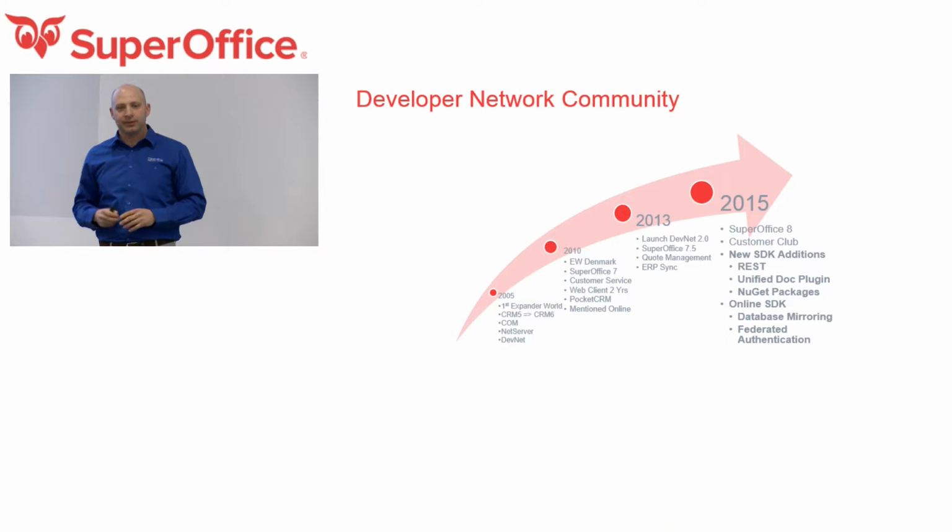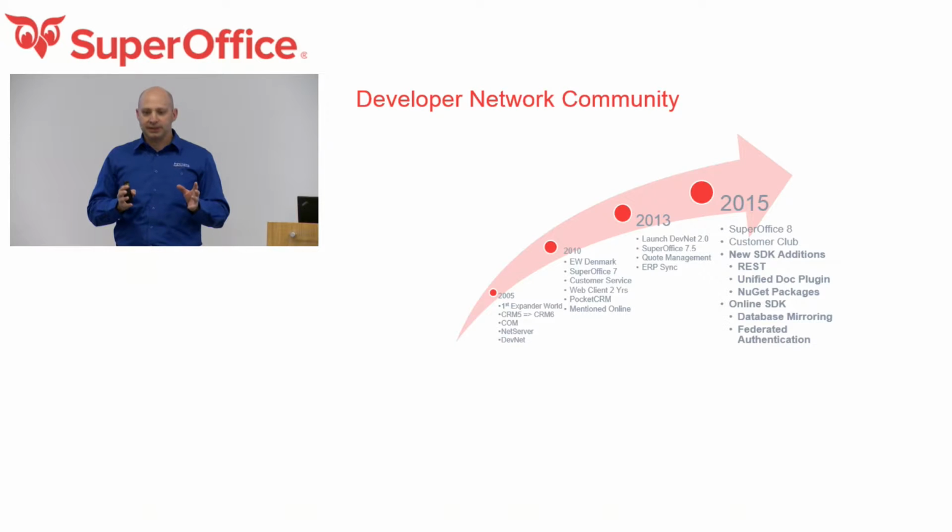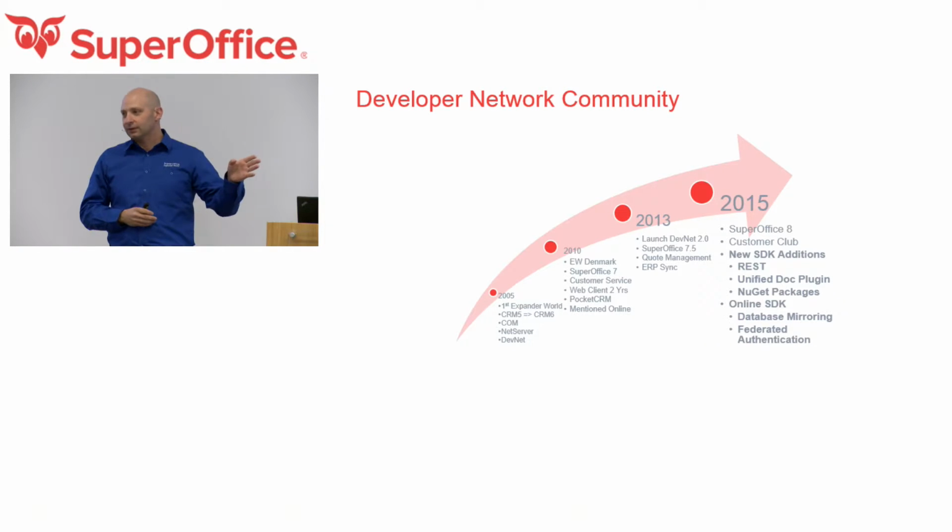Database mirroring is basically being able to take a customer's database in the cloud and make it available to you as a partner app, and work with it locally within your environment and provide some extra capability. Now, Moderic is going to go into great detail about it during his session on the third day, so please go ahead and attend, because this is a very significant capability for the online SDK.